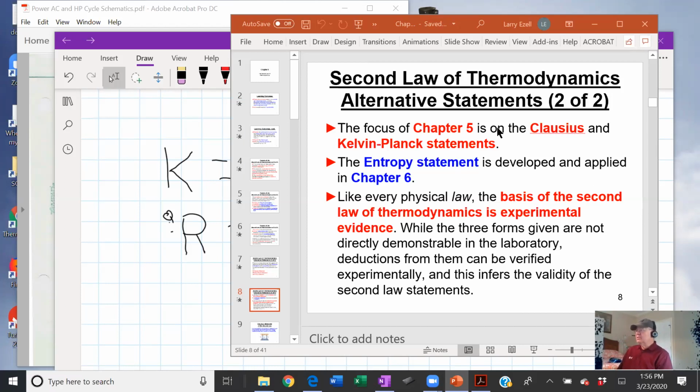Like I say, our emphasis will be, by the way, the Clausius and Kelvin-Planck statements only, and the entropy statement we'll get to later. These are about the only things that you have to memorize in this course. And you don't have to remember it word for word.